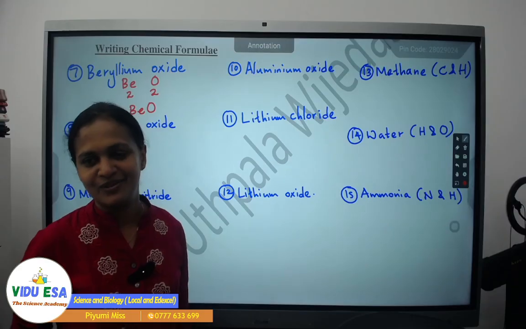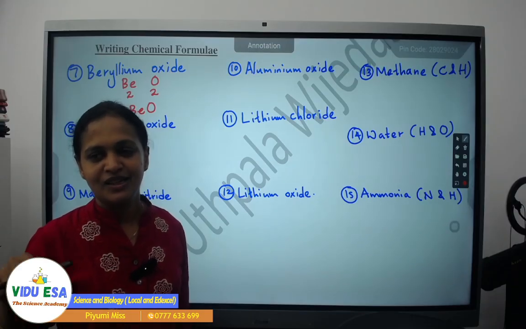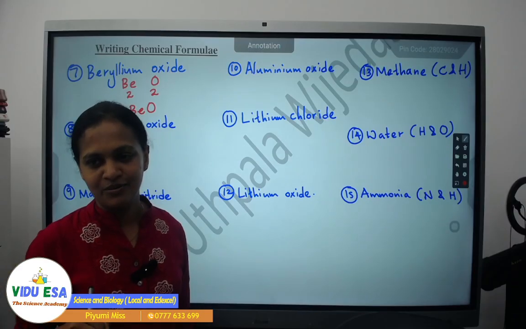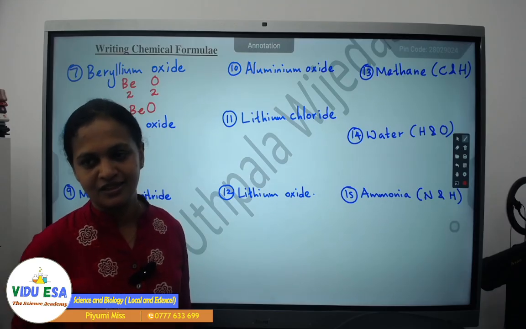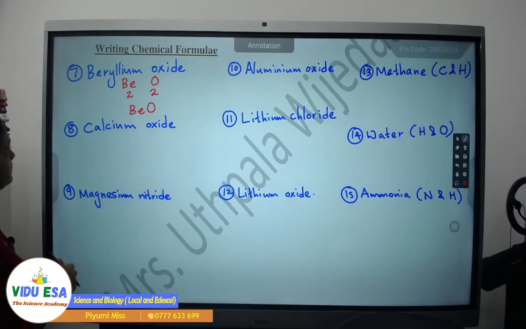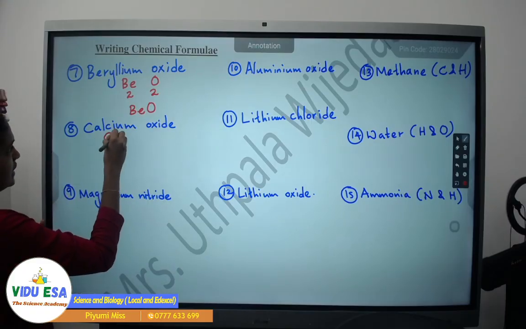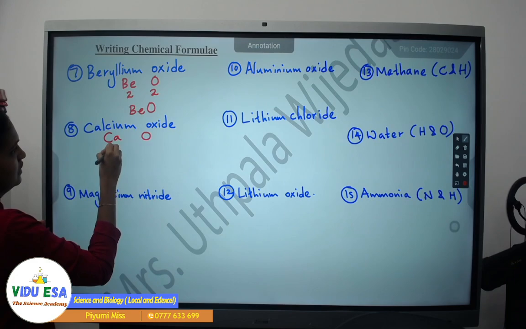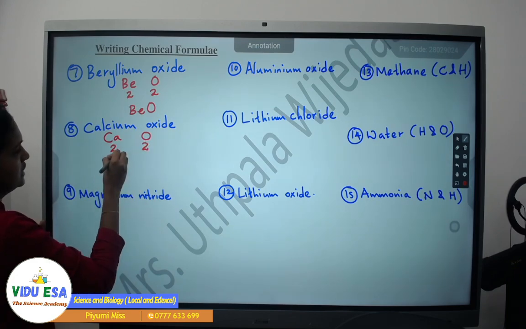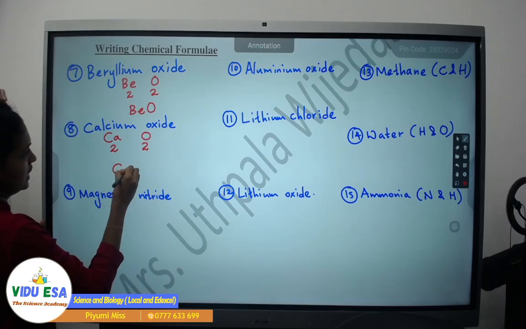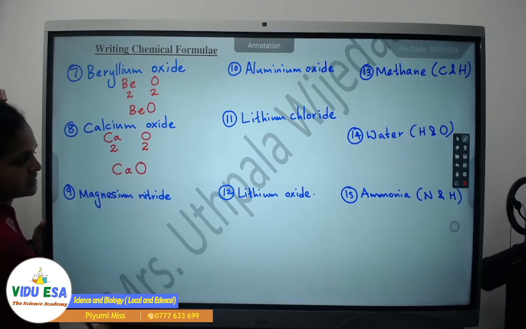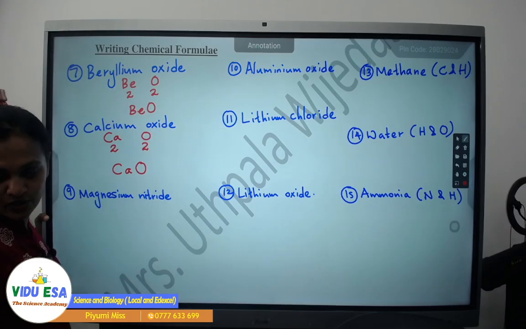You know this because when we are writing the symbol of an element, we know how to write it. Then calcium oxide, calcium and oxygen both have valency 2. Simplest ratio is 1:1. Therefore, it becomes CaO. CaO. Right?